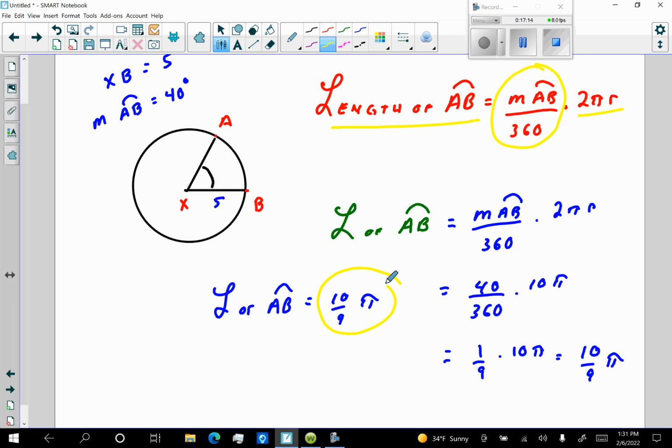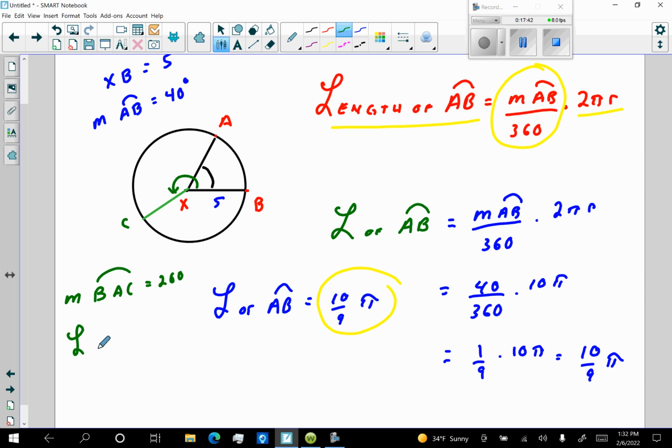Let's do another example here. Let me go, that's 180. Let's go 200 degrees. Let's put another point in here, this point C, or this arc. And we're going to say the measure of major arc BAC is going to be 200 degrees.